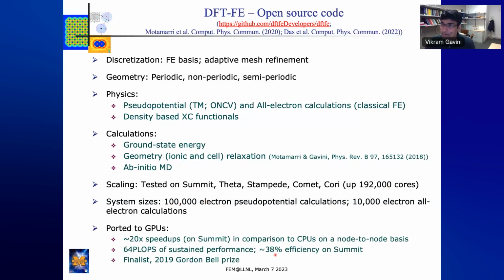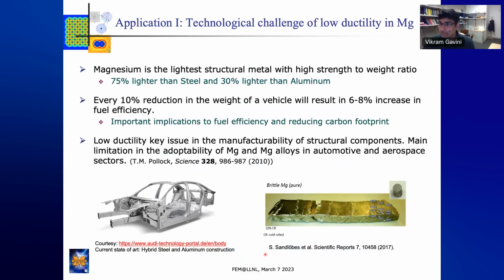We also have extended the GPU code to take into account HIP. So we are testing this thing on Crusher and Frontier at the present moment, and we are seeing good efficiencies even on Crusher, close to 35 to 40%, at the present moment. So what are the kinds of problems that we can tackle with such a code?